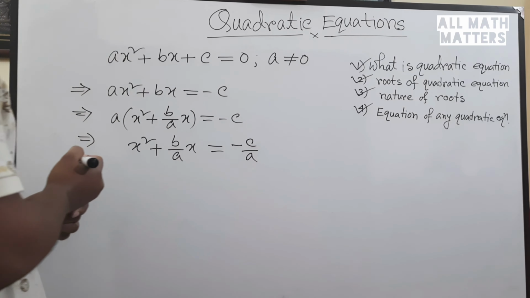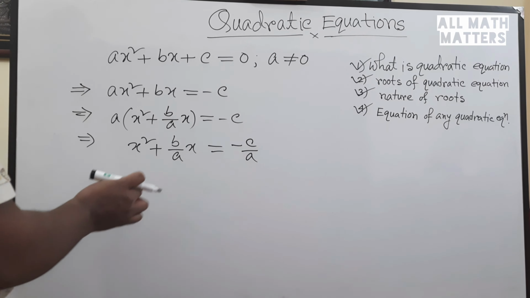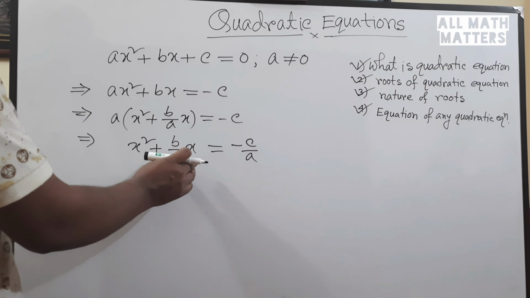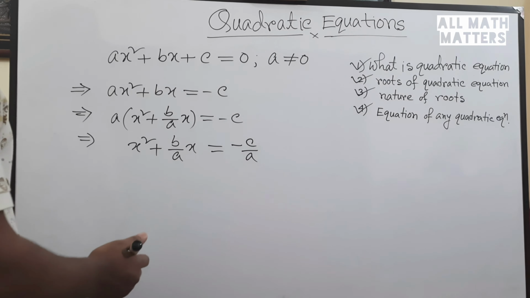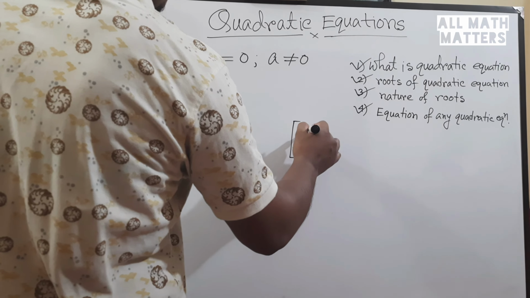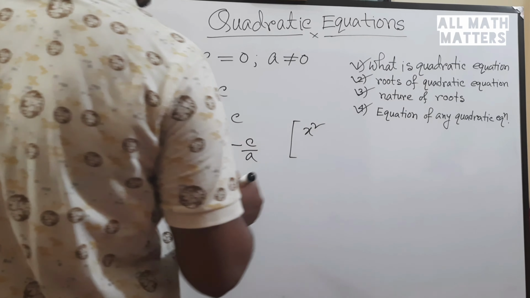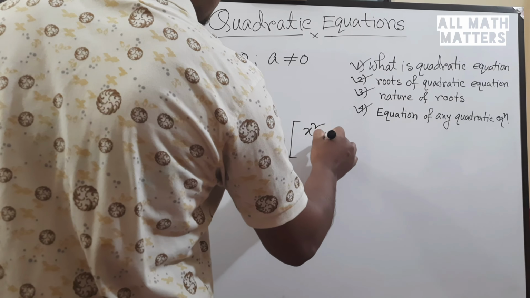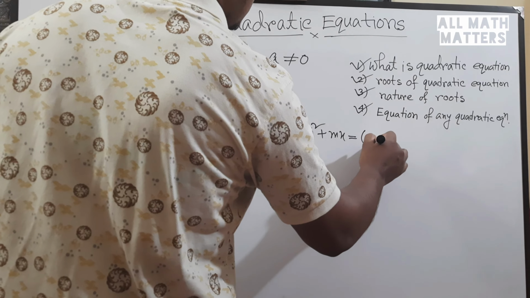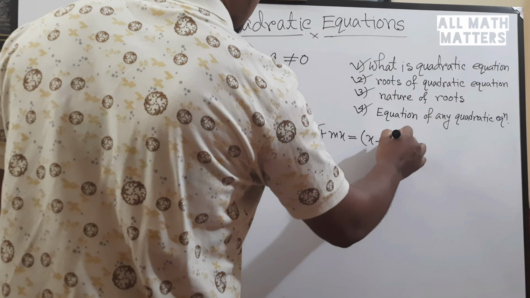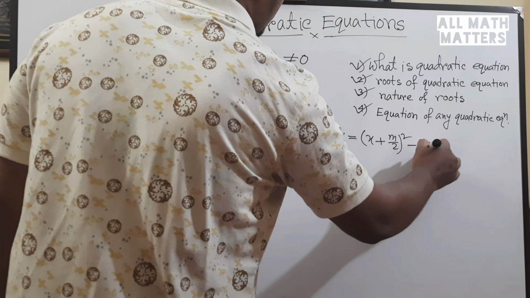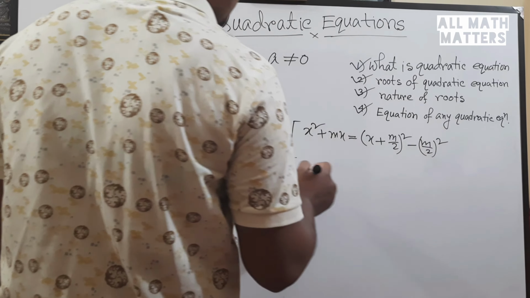Okay, now you need to know two formulas for completing square, for making a quadratic expression in the completing square form. So this is so important. If the expression is like that, x square plus mx, then we can write it like that, x plus m over 2 whole square negative m over 2 whole square.